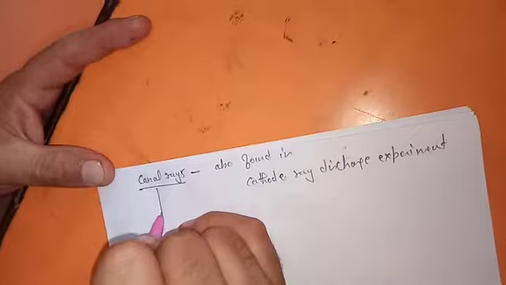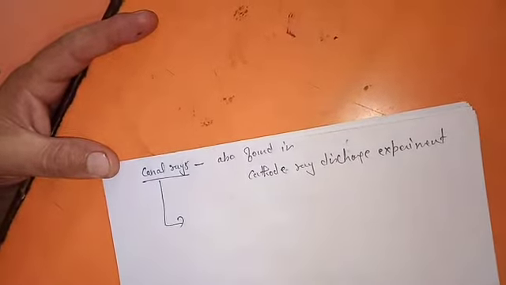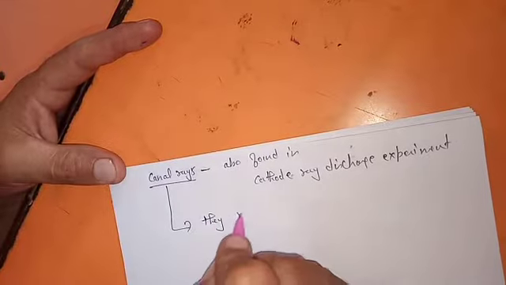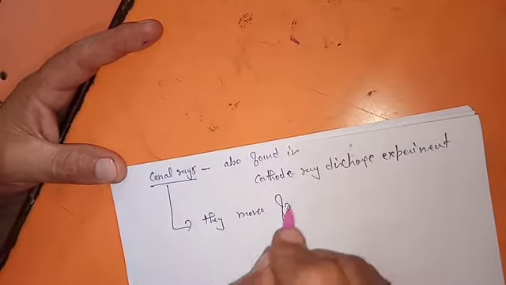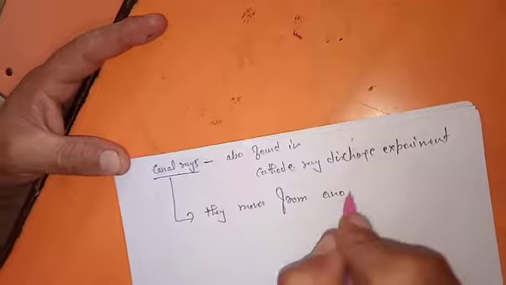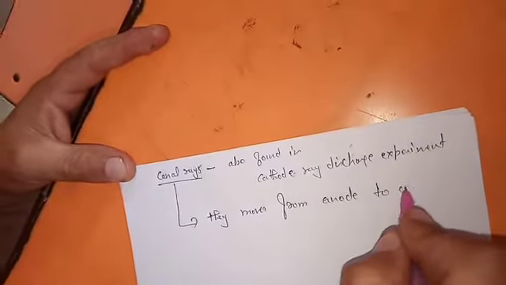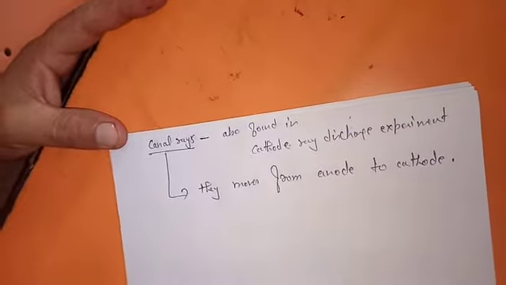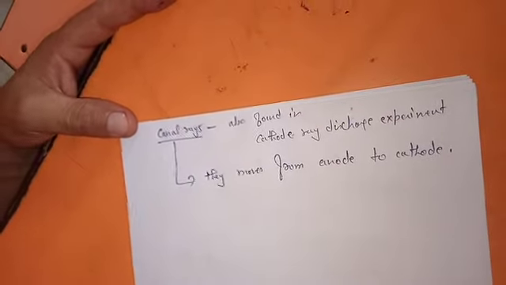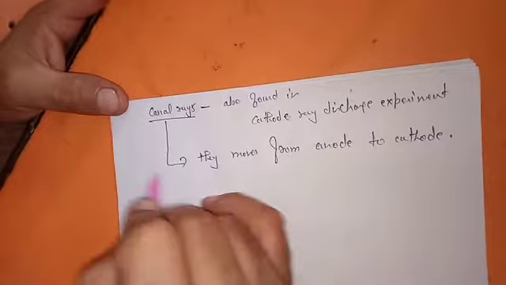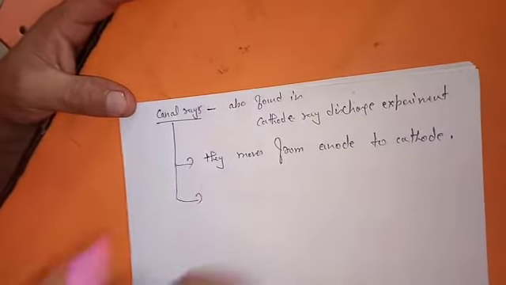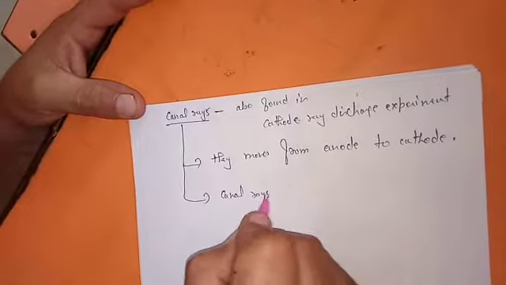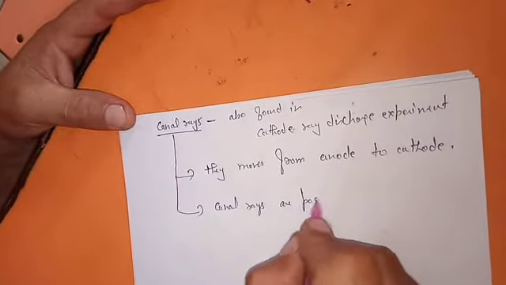What are canal rays actually? What are the properties of canal rays? They move from anode to cathode. Our cathode rays travel from cathode to anode, but canal rays move from anode to cathode. This means they carry positive charge, so canal rays are positively charged.